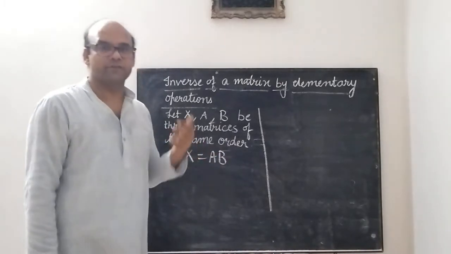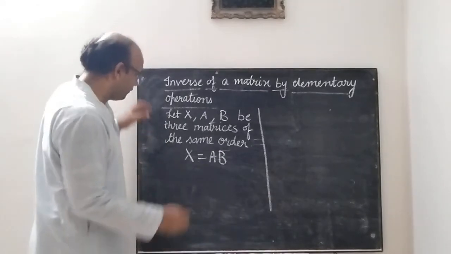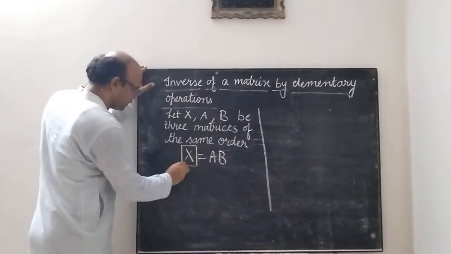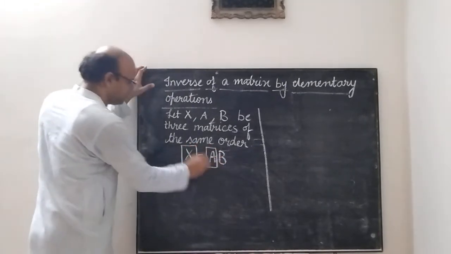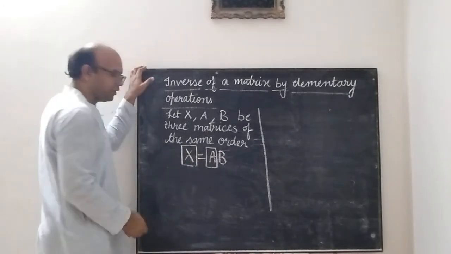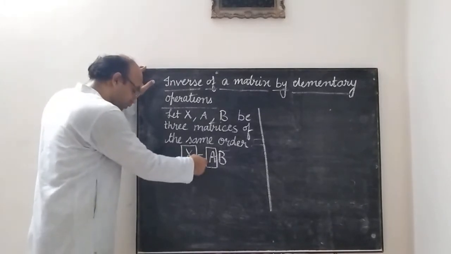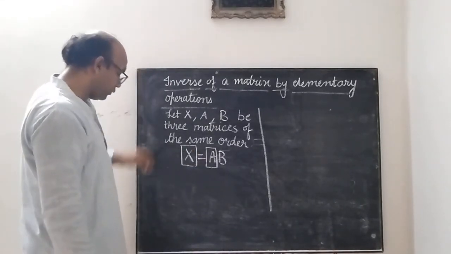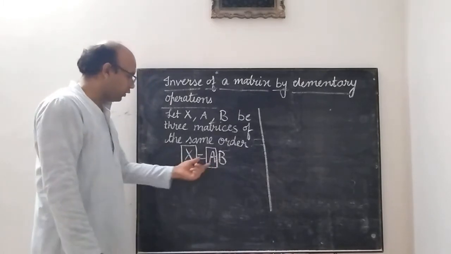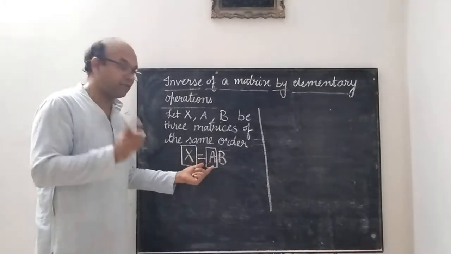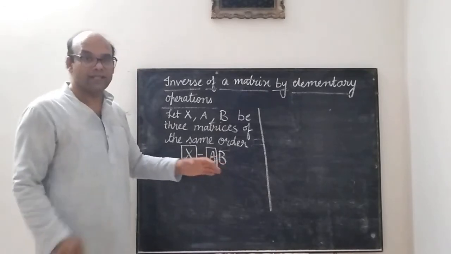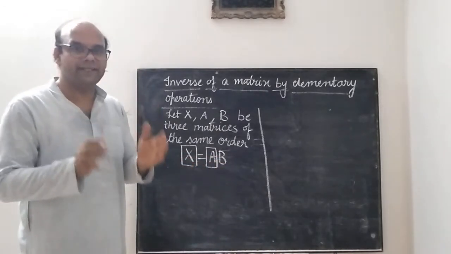Now the tricky part comes. What has to be done? In order to apply a sequence of elementary row operations, we take these two matrices. We apply the row operation on X and on the first matrix, which is A over here, so that the equality still remains intact.